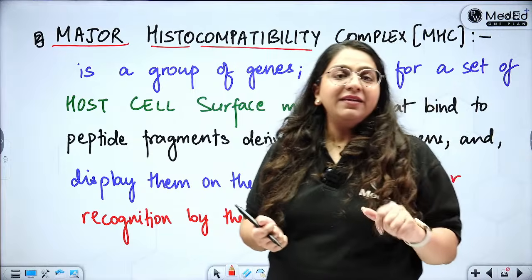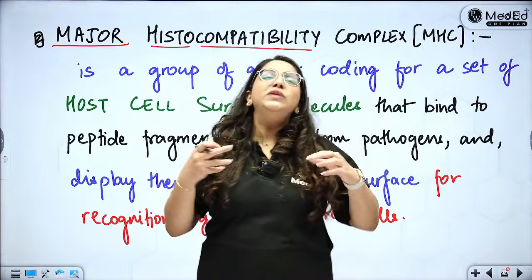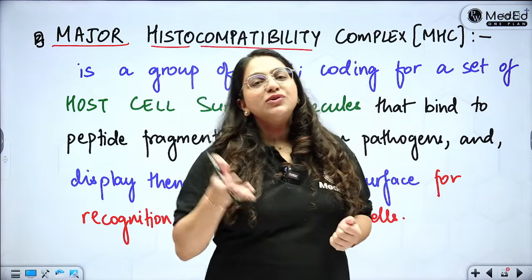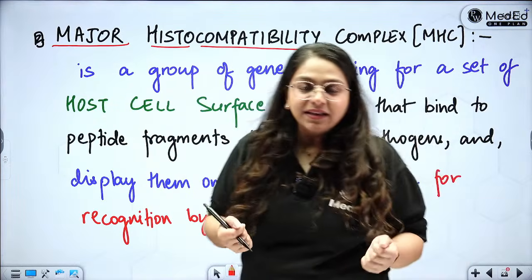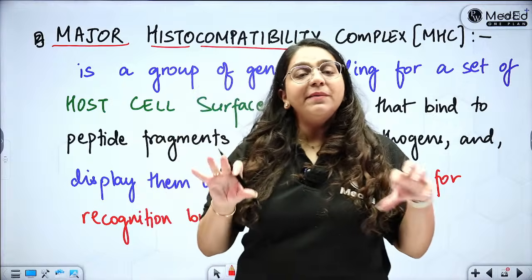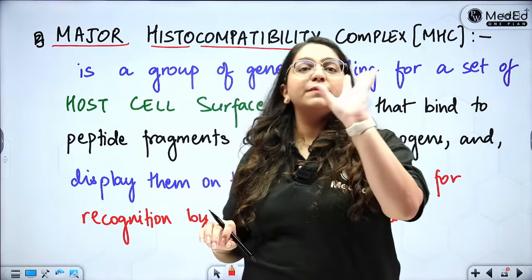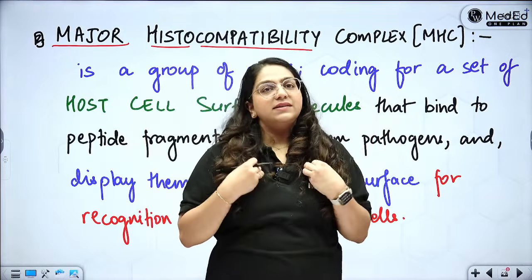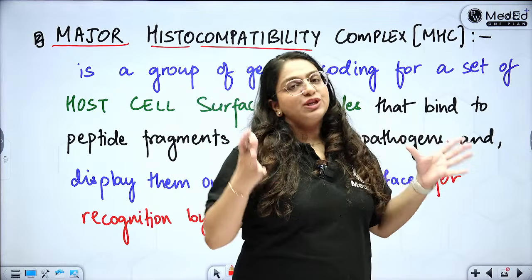That is why whenever anybody says that you are unique, there is nobody like you in this world, there is actual scientific reasoning for that. What is the reason? MHC. Everybody is unique because all of our cells have specific proteins which are only specific to ourselves.